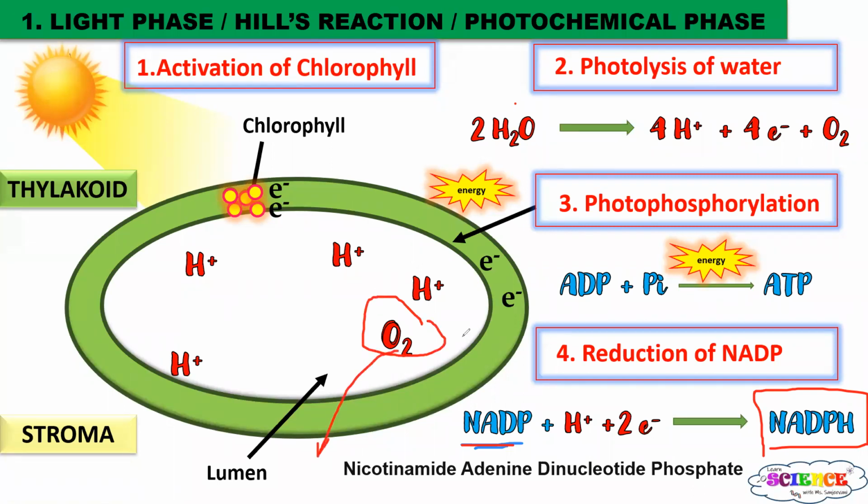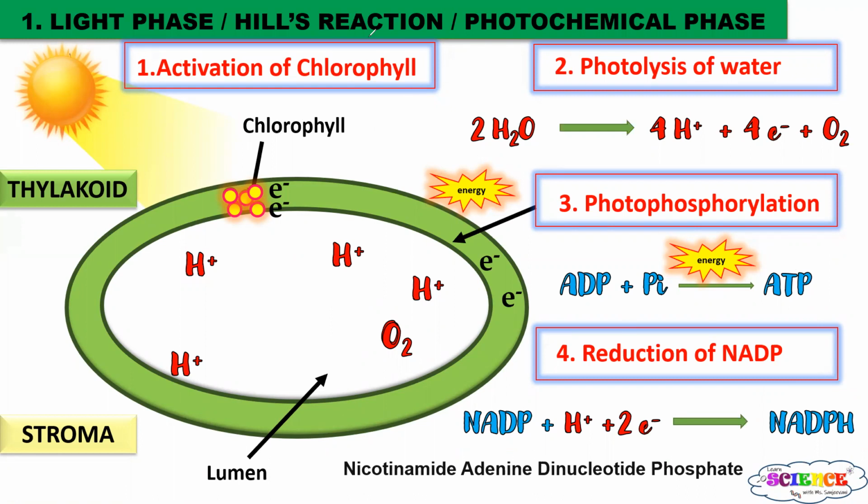Now these products, ATP and NADPH, mean that till now food is not made, right? This ATP and NADPH, produced in the light phase, will be used in the next phase, the light independent phase, to produce food, that is, to produce glucose.